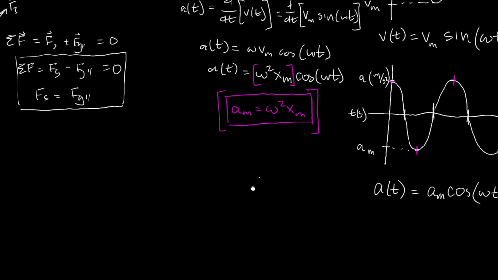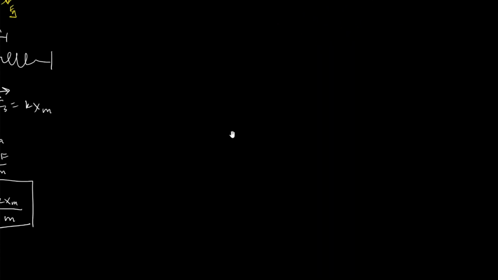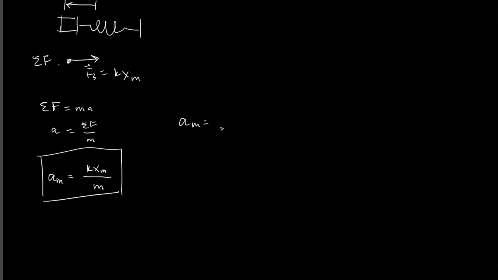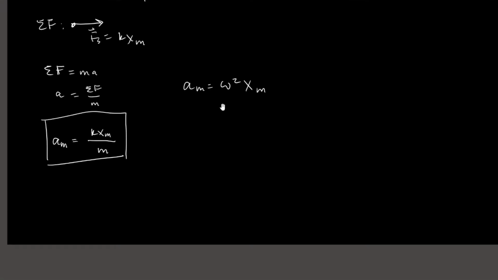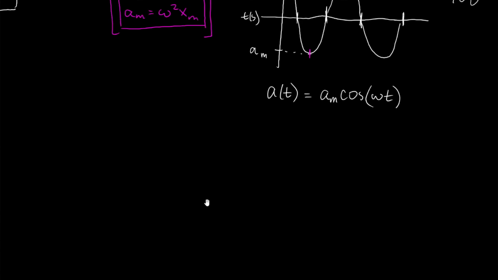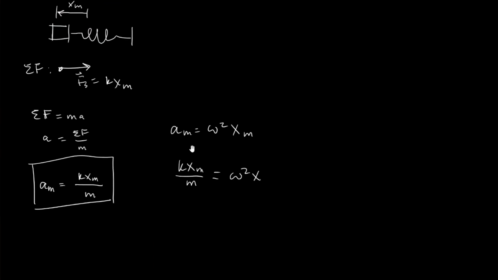Then we also have am equals omega squared times xm. So if we come over here, omega squared xm. We can then relate these two expressions. So am equals k xm over m, that's our acceleration from Newton's second law, equals omega squared xm, that's our maximum acceleration from taking the second derivative of our position function.